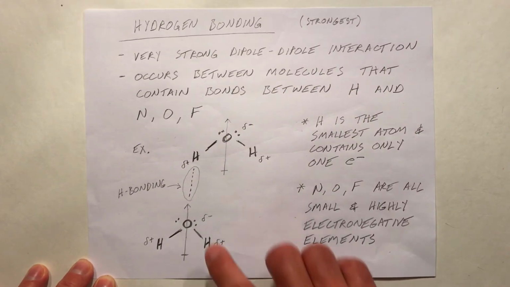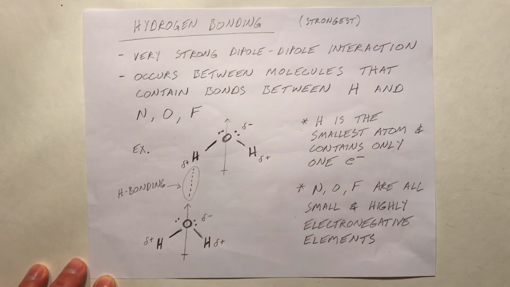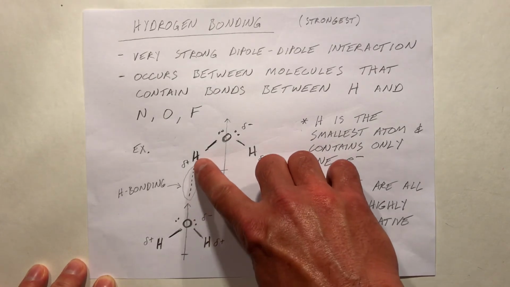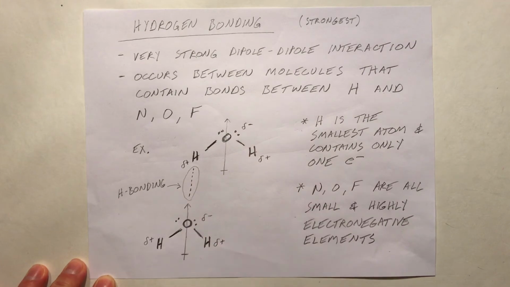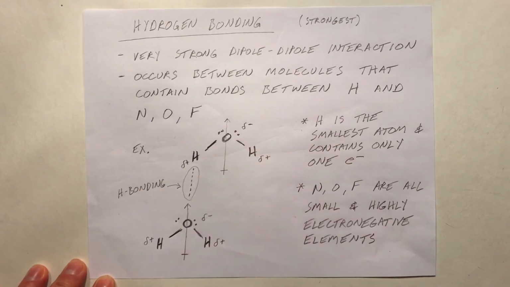Notice that the negative dipole of this molecule attracts the positive dipole of that molecule. And we can represent the hydrogen bonding, we often see it done this way, with a dotted line between those two molecules.